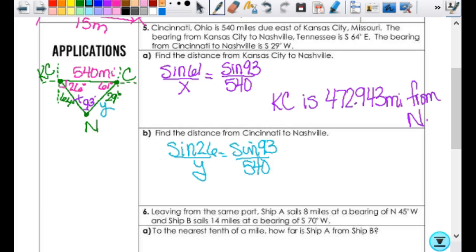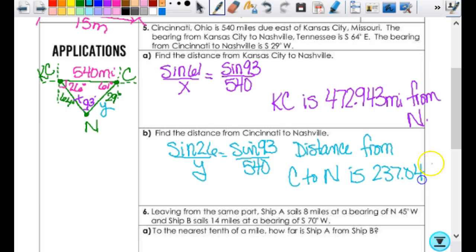And so I will get that the distance from C to N is 0.45 miles. And you can state the answers either way. I mean, you're answering the question no matter how you word it. You just gotta make sure you actually answer it.